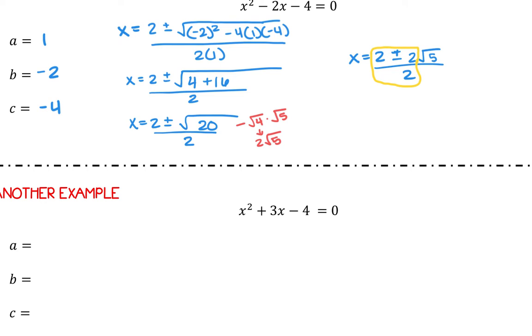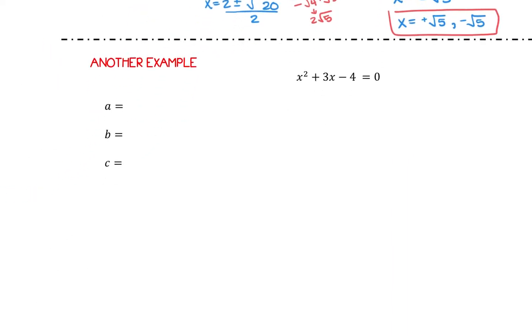So when I factor out that 2, that gives me x equals 1 plus or minus the square root of 5, because 2 divided by 2 is 1. And so you can leave all of those ones there, or you can just put plus or minus the square root of 5. So that would be x equals plus radical 5, comma, minus radical 5 for your answer.